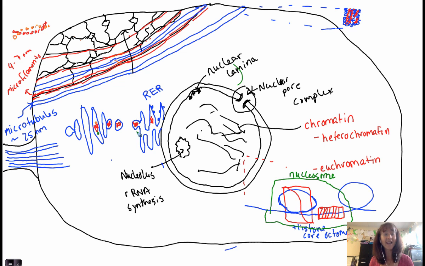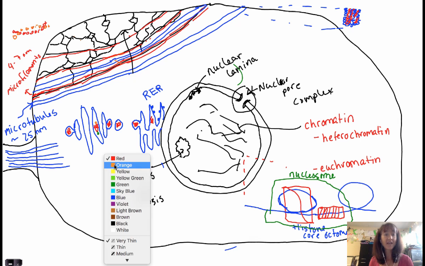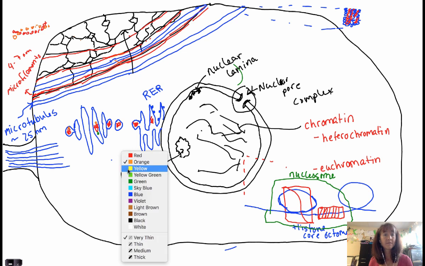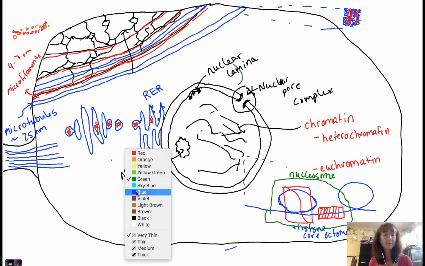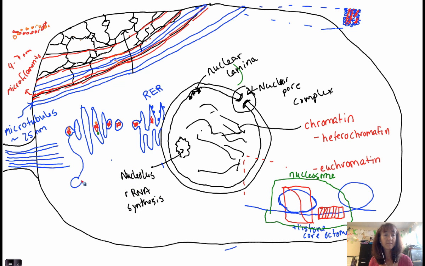Now, I think about in our cell city analogy that this is like the export factory, and it's going through these quality control and modification stages, and now it's ready to be sent in a vesicle with its modifications. And of course, we know it would be actually following a microtubule.